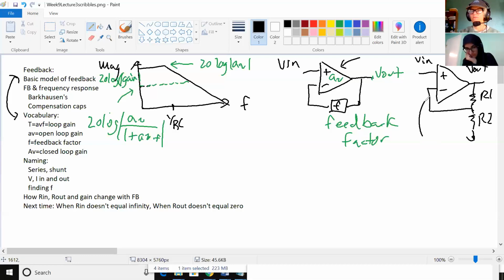We'll work on figuring out exactly what F is here, but you can see that the voltage at this node is V out. Since there's no current going into the inverting input, this just works like a voltage divider of V out. So the voltage at V in minus equals R2 over R1 plus R2 times V out.